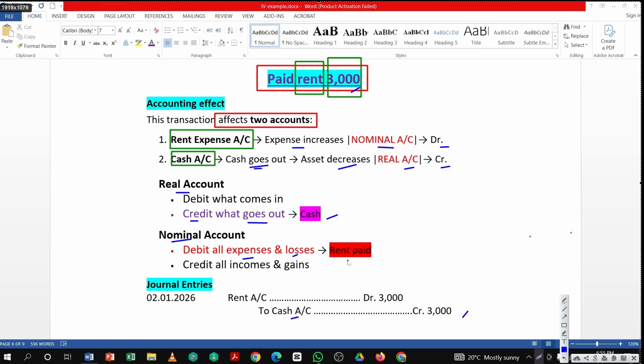Here rent paid, that is expense increase, so rent account debit 3,000 taka. Now finally we can say the journal entry: rent account debit 3,000 taka to cash account credit 3,000 taka.